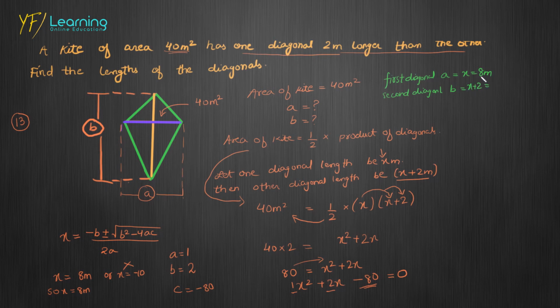If x equals 8, then x plus 2 is 8 plus 2, which is 10 meter. So the second diagonal length is 10 meter. So the lengths of the diagonals are A equals 8 meter and B equals 10 meter.